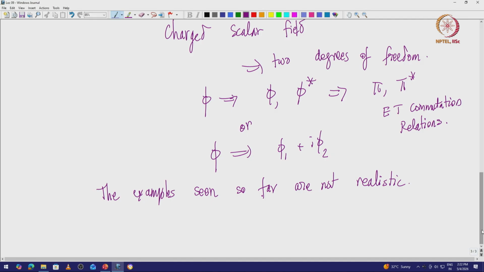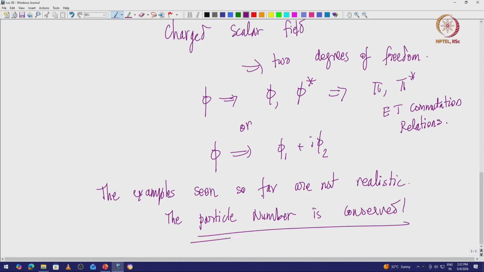Now in this case, because we are in a relativistic theory, the particle number is conserved.